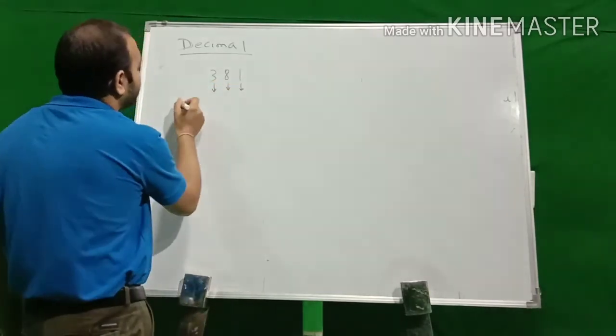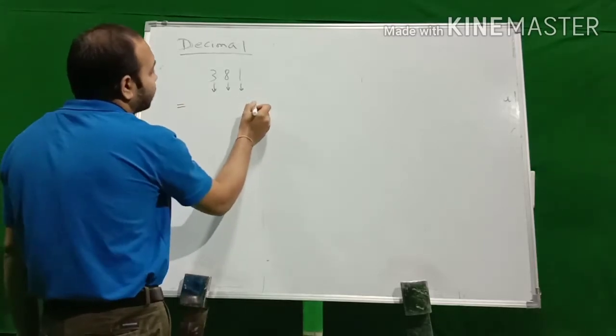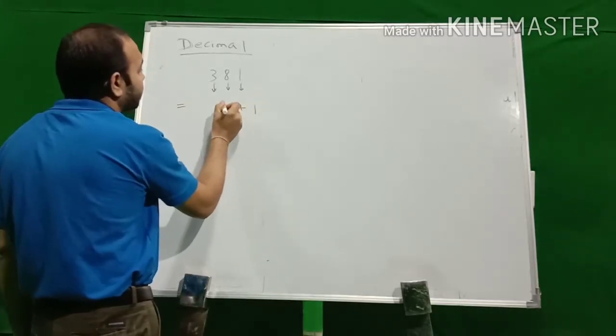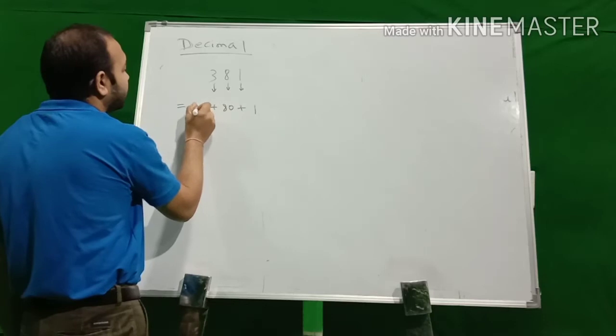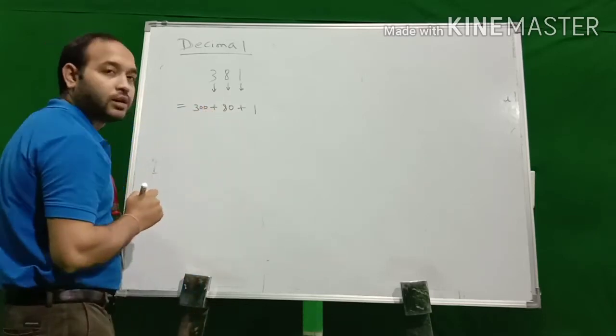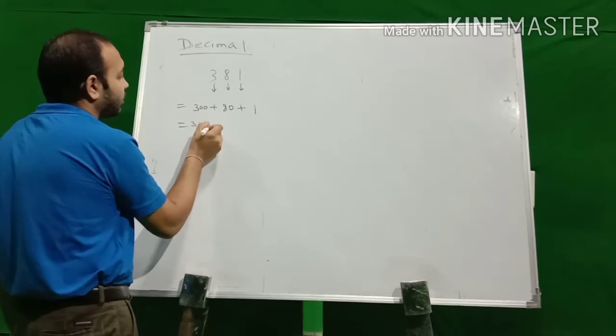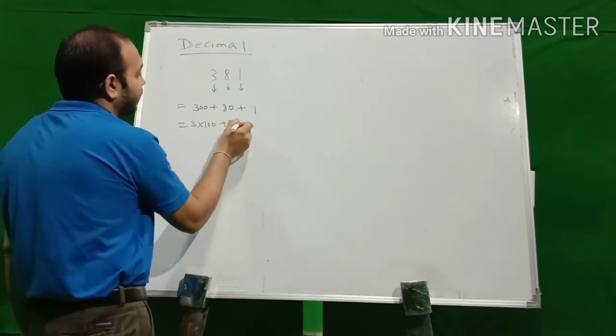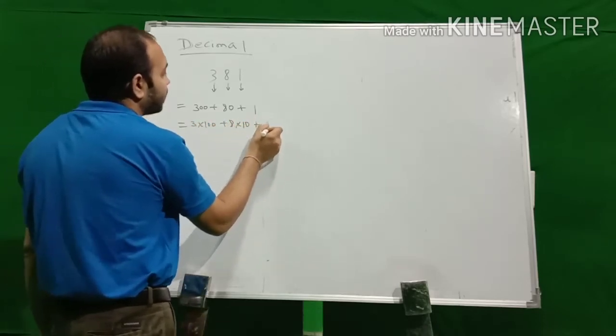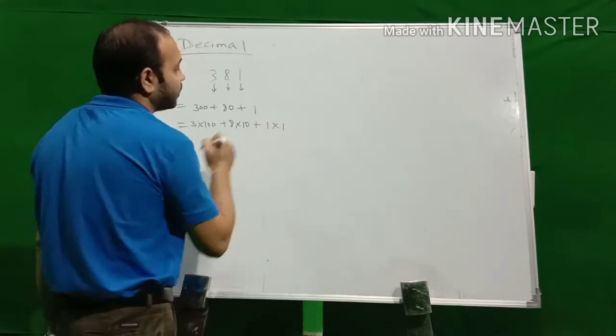So how do we write it? We write 1 plus 80 plus 300. Further, if you simplify it, 3 into 100, 8 into 10, 1 into 1.